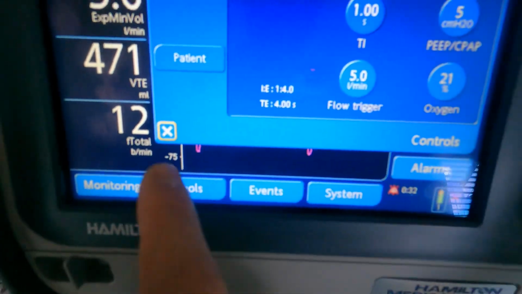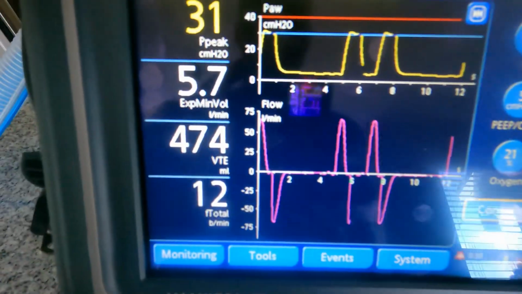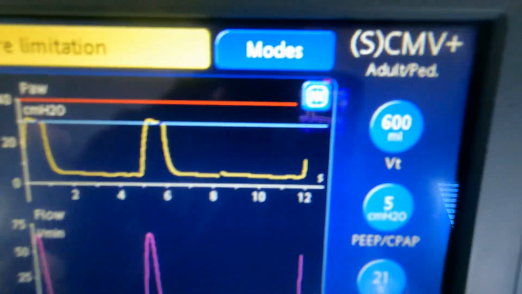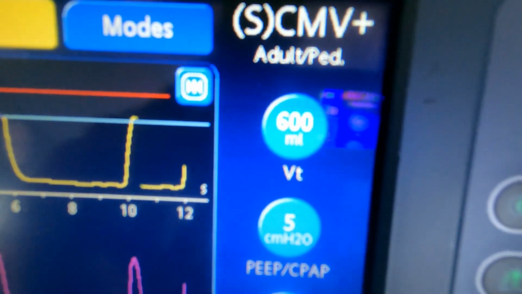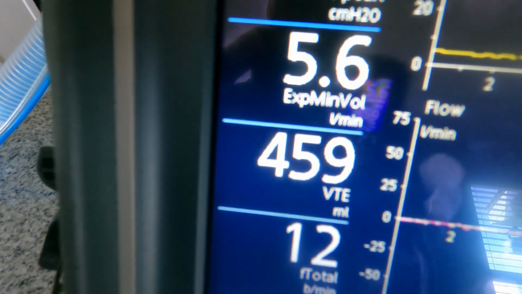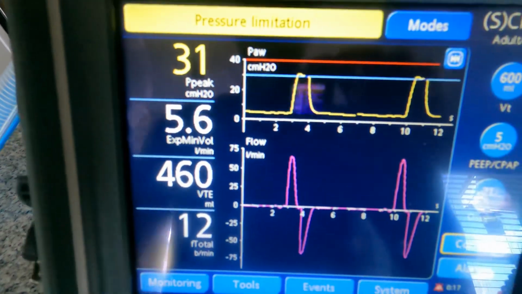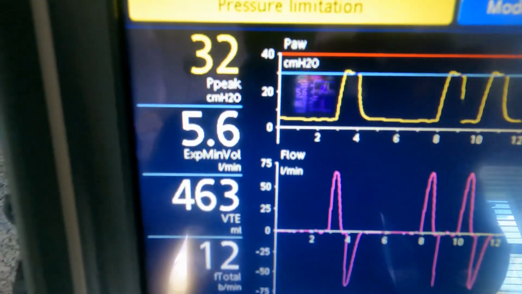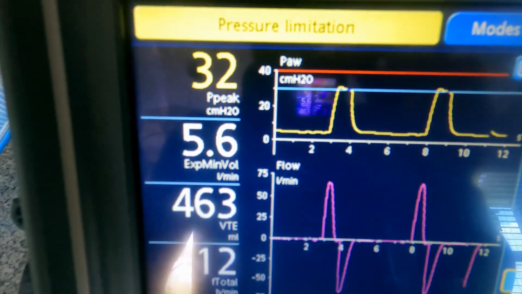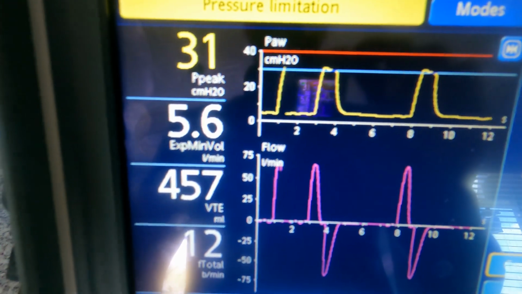The next important thing we need to go over with SCMV Plus is pressure limitation. So as you can see here, our tidal volume is 600 mLs, but we're only delivering 459, or at least that's what the patient is exhaling. So if we feel like we need to give more volume, we need to increase the pressure limitation parameters of the monitor.